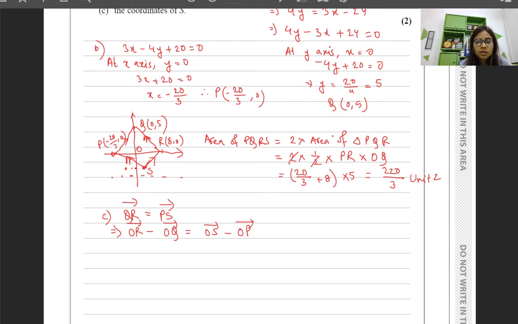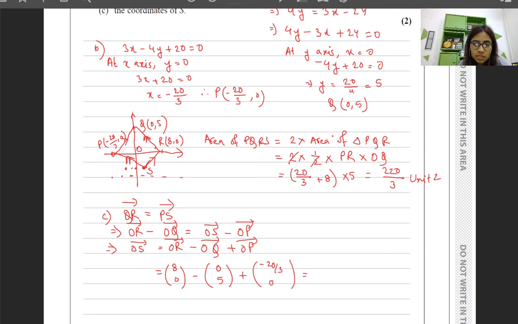We are using the concept of parallel sides and the vector concept. So from here OS equals OR minus OQ plus OP. OR is basically (8, 0) minus OQ, which is (0, 5), plus OP, which is (minus 20 over 3, 0).